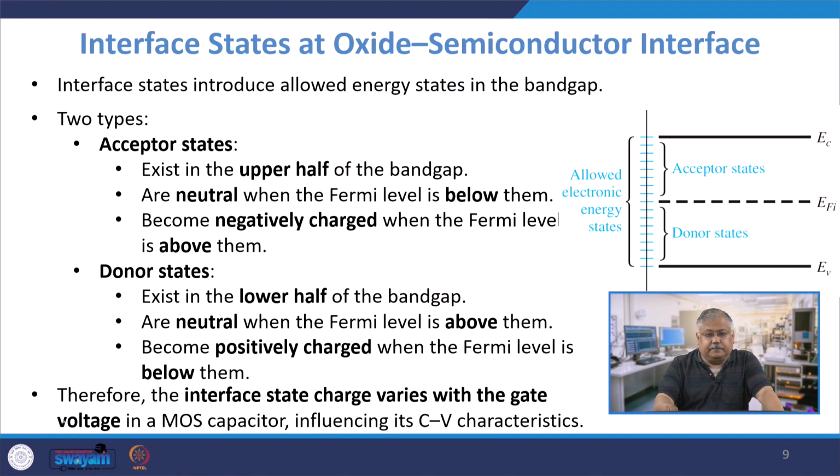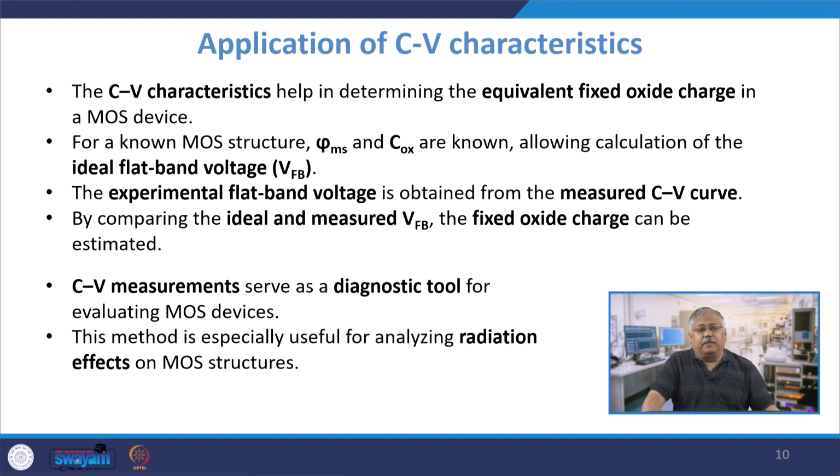We have understood acceptor states which accept charges, and donor states which donate charges in a sense. They depend upon the placement of the Fermi level with respect to the conduction and valence band, and therefore, since the Fermi level changes with respect to doping as well as with biases, EC and EV, how many acceptor, donor and neutral states there are is a strong function of the applied gate bias.